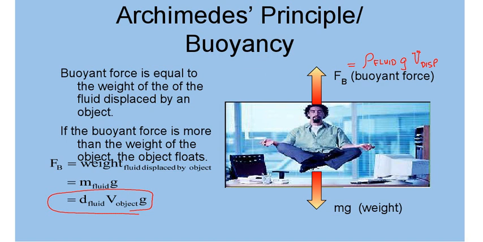Another way to say it is that an object, the deeper you go, has more pressure. So up here, his head would have one pressure, but down at the bottom he'd have a greater pressure, and that greater pressure on the bottom would give you an upward push, the buoyant force here. The other force, of course, is the weight. Gravity would love to pull this guy back down to the desk, and of course it does in real life.